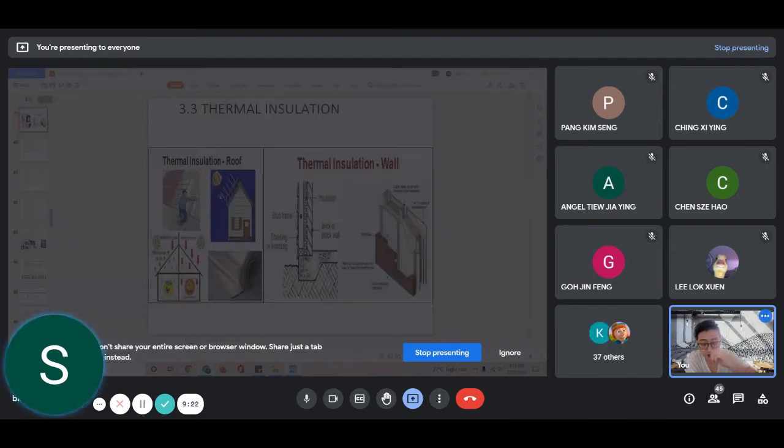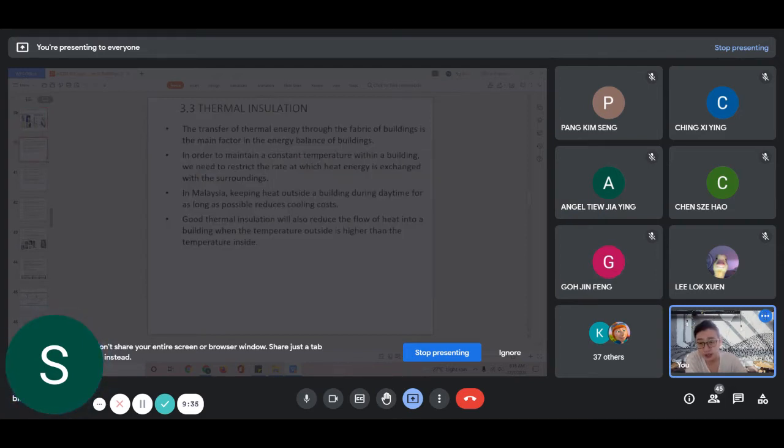Okay, so continuing back to your topic 3. We are still on the subject of heat. When it comes to building services, we want to ensure that we are able to keep heat out of the building if it's very hot weather, or keep heat in when it's cold weather. So why do we want to do that? It is because of the nature of heat.